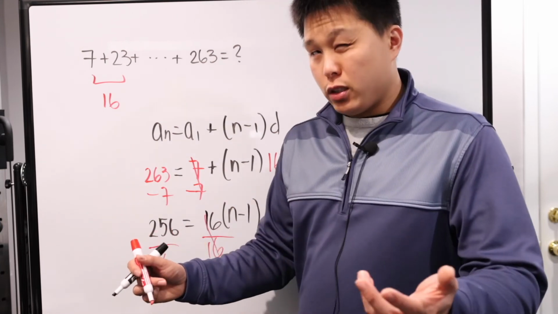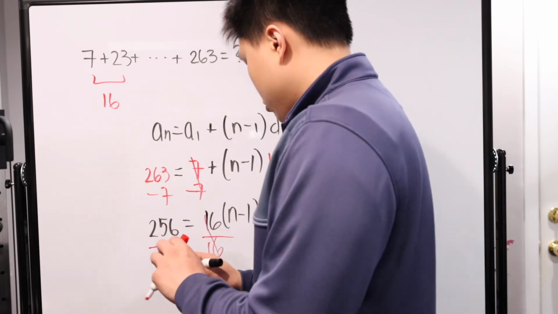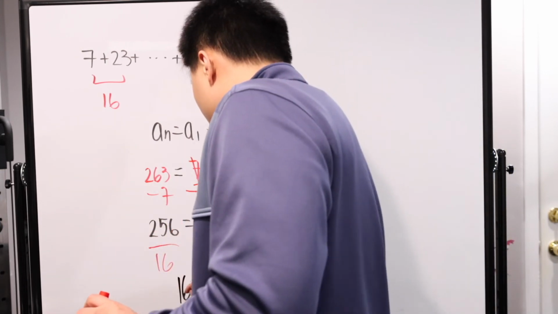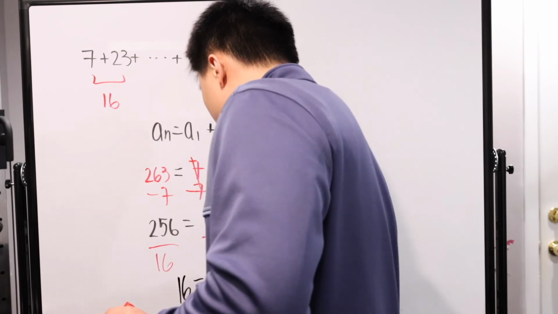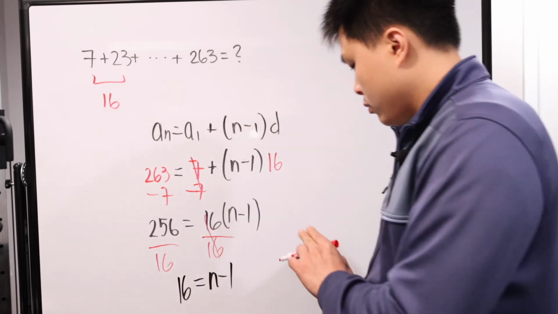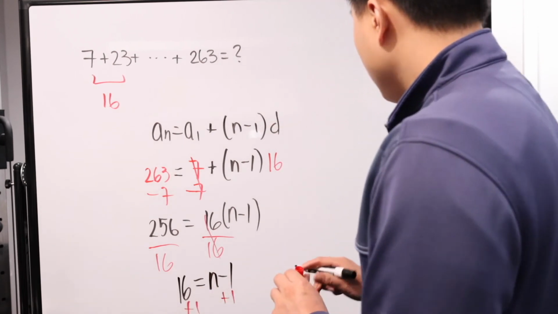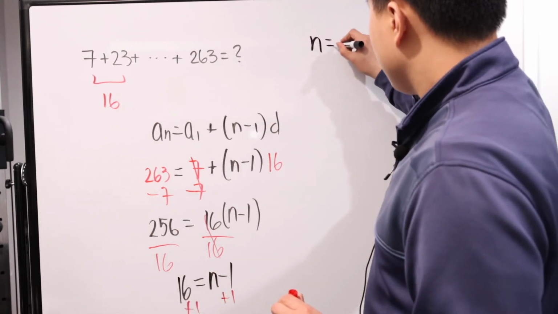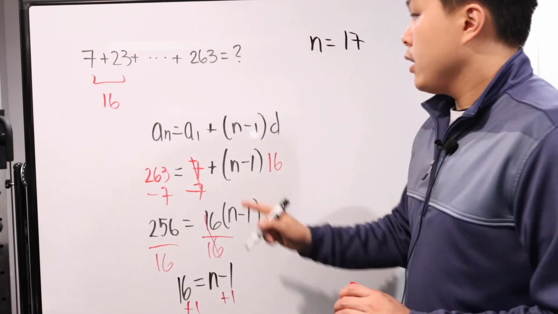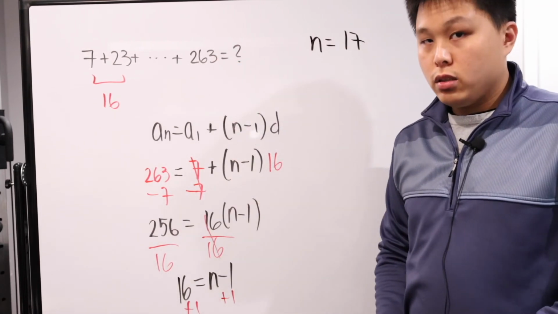And if I remember correctly, 256 divided by 16 is 16, so 16 equals n minus 1. Cool. Plus 1, plus 1. So, n equals 17. This is our 17th term.